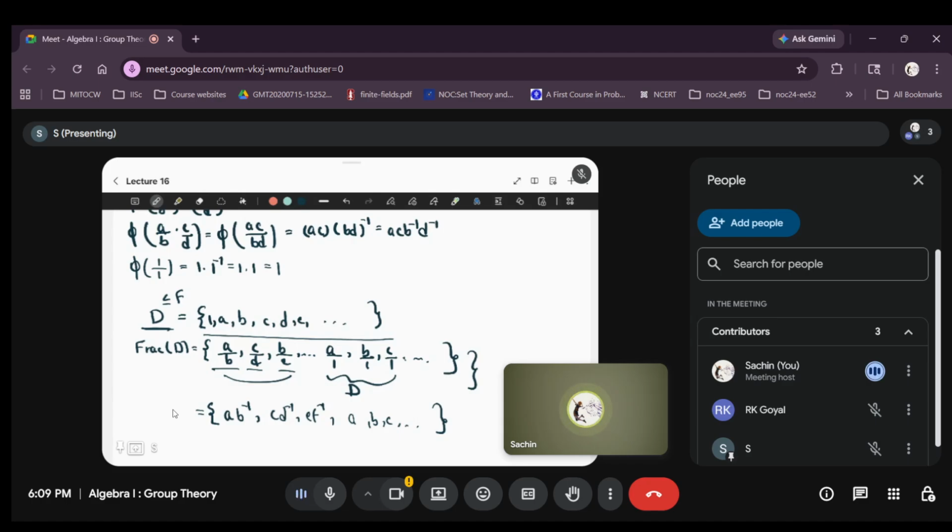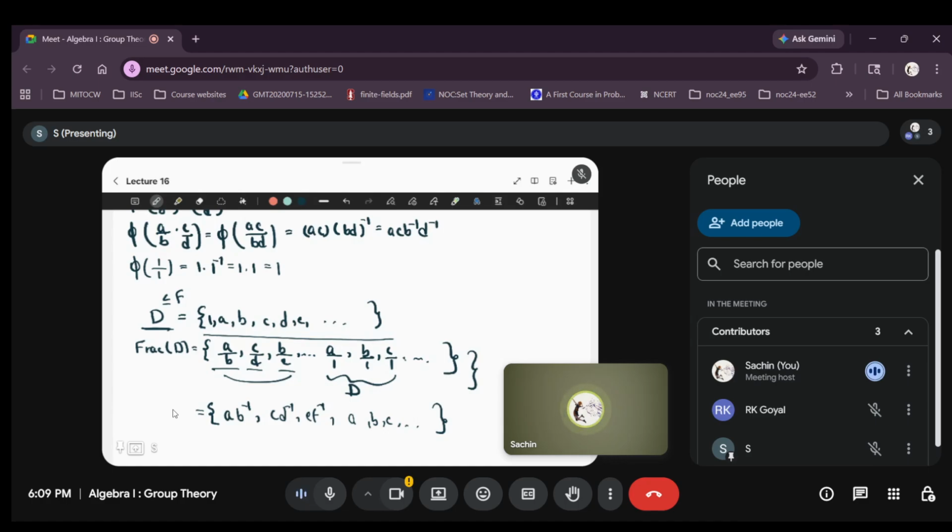But if you knew that the subring you had is actually part of a bigger field, instead of constructing this fraction field in a roundabout way, you could simply take the inverse of each element in a field.